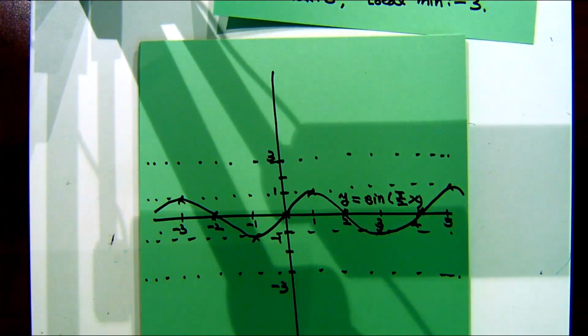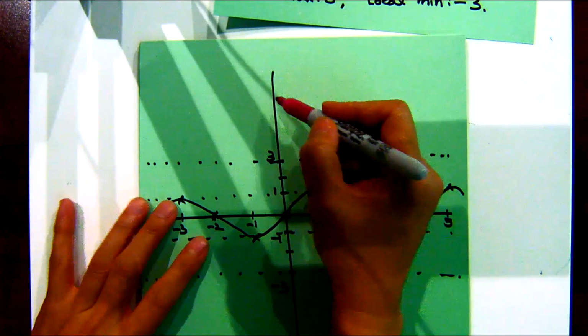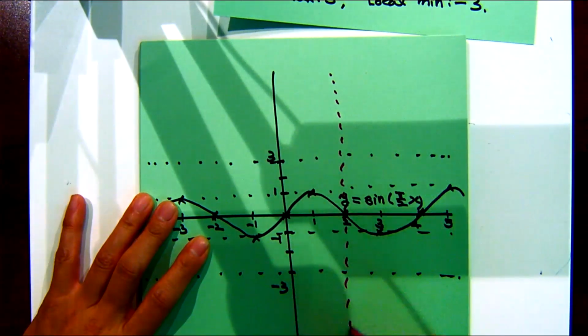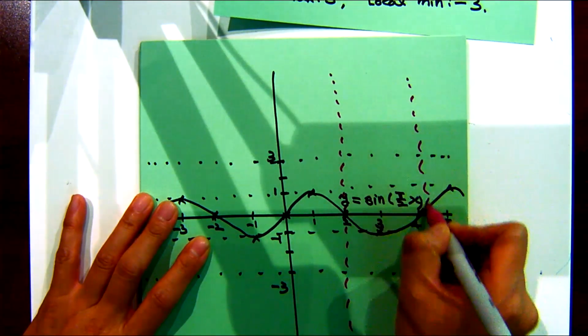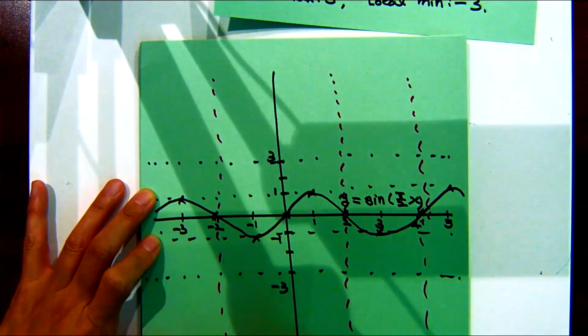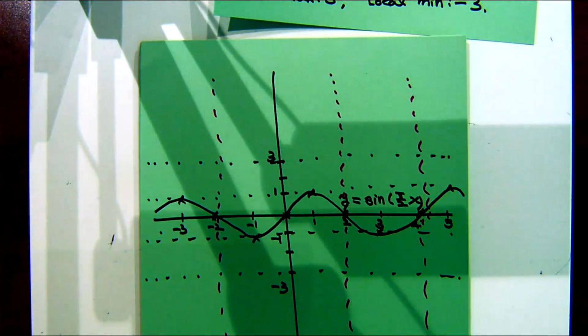And then we are thinking about the reciprocal function. Therefore, after you draw the original graph, you have to draw the vertical asymptote first. So this is one of the vertical asymptotes, and the next vertical asymptote happens at 2 and 4 and so on. And then we will identify the local minimum and local maximum.